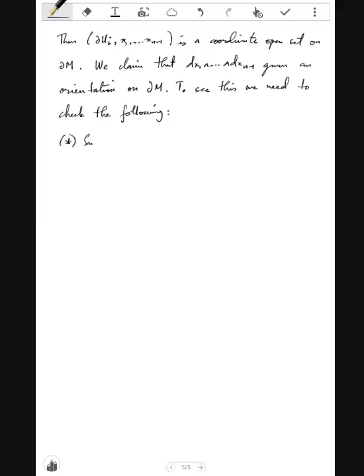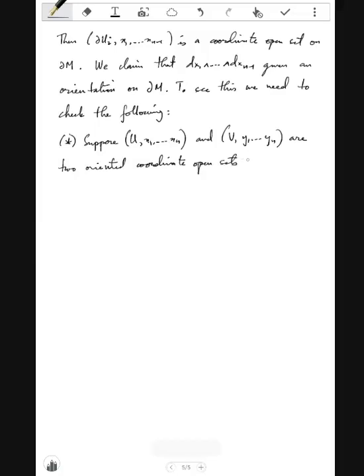Suppose U, x1 through xn, and V, y1 through yn, are two oriented coordinate open sets chosen as above.